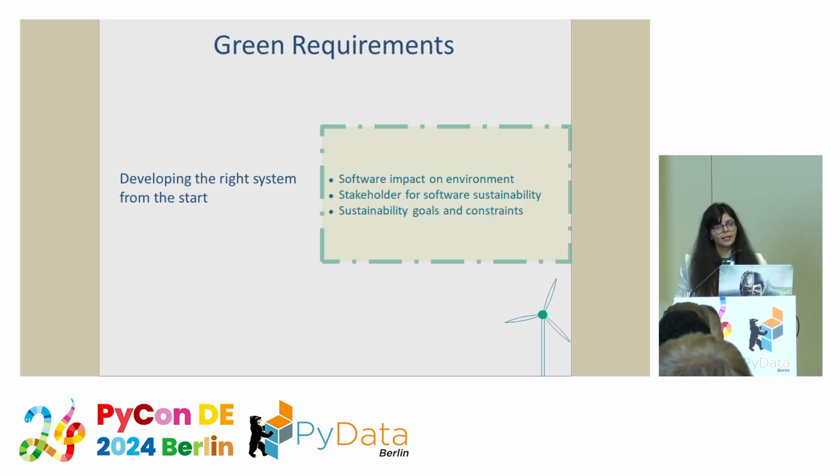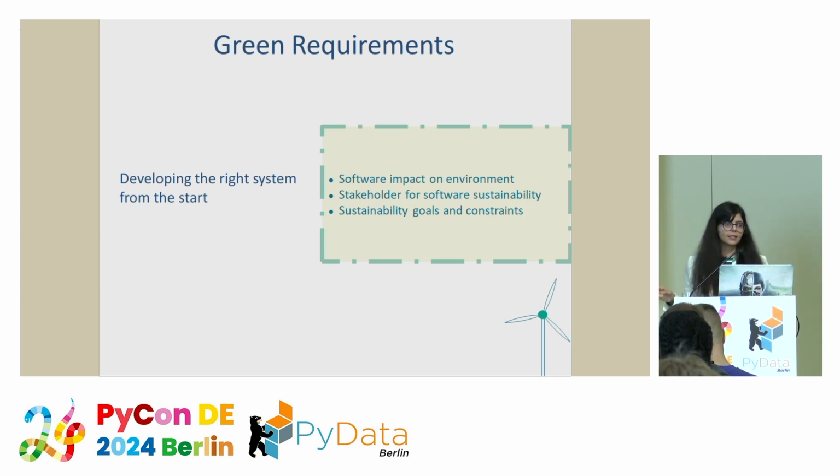We add an extra layer of analysis: how many resources our software is going to take, how many people, how much energy, what kind of data centers we are using, can we go cloud or do we have to have our own servers. So in green requirements, we are just adding one more layer of analysis to the requirements.